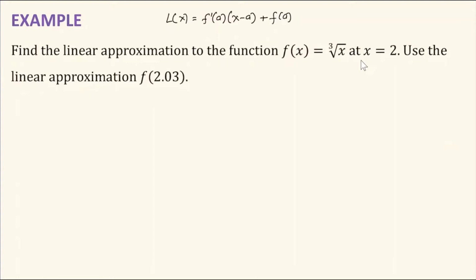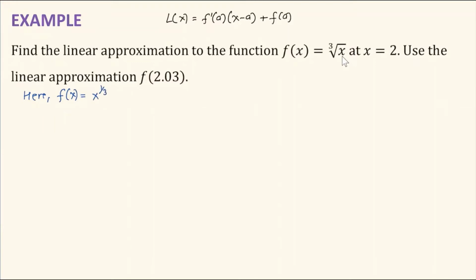That is my formula. So they have given the function. Let's find the function and the derivative. Our function is f of x equal to cube root of x. Cube root is x raised to 1/3, so we can write that as x raised to 1/3.